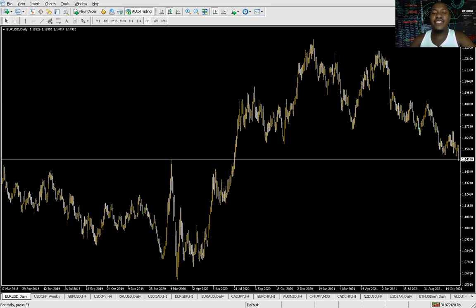Now, the first one, you can make it a line and make the period 50, and the MA method is going to be simple. Go to visualization, deselect all time frames and only select daily time frame. Cool. Now you have everything that you need.